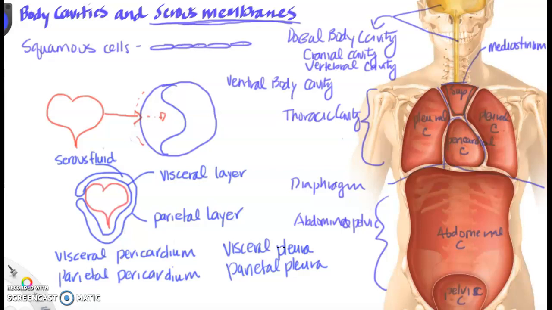In the abdomen, it's very similar. In the abdomen, as far as the serous membranes, we call it the peritoneum. So we have a visceral peritoneum and a parietal peritoneum.